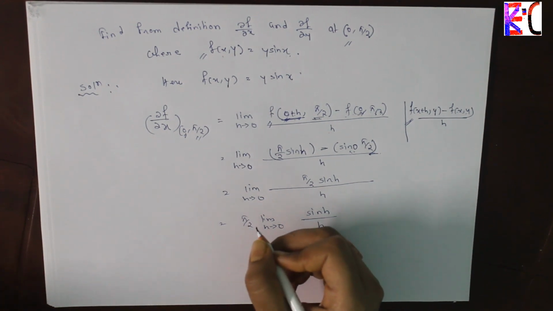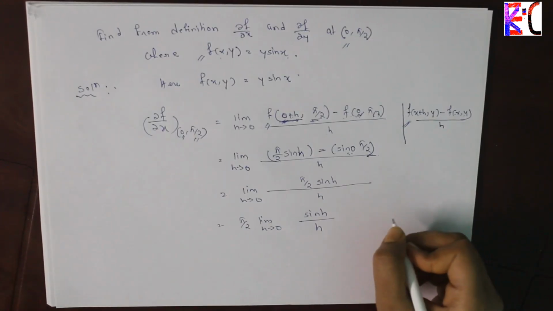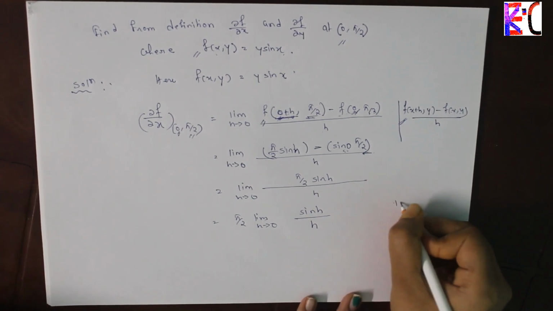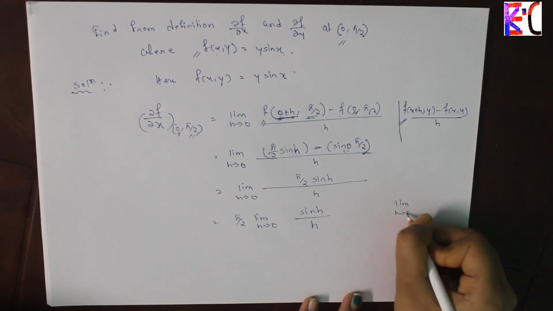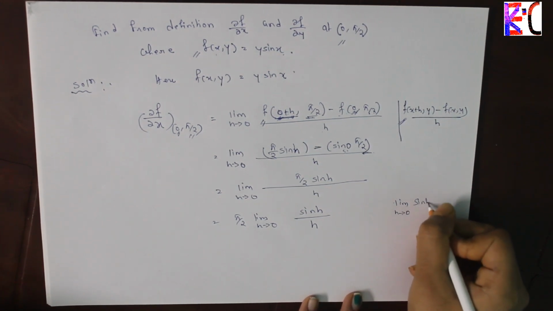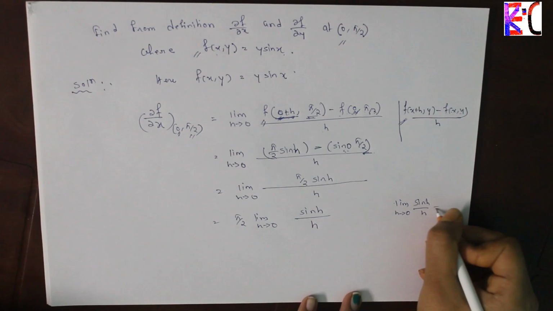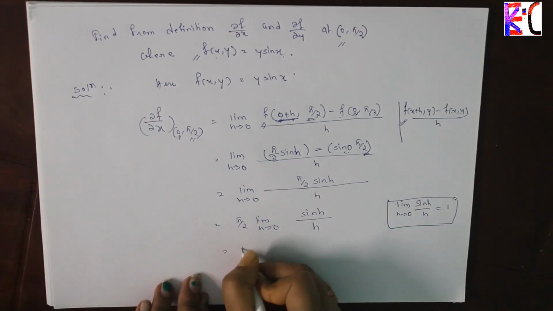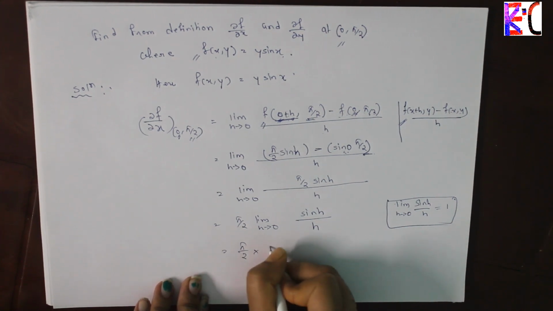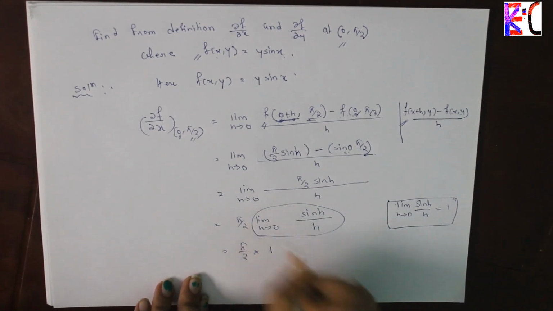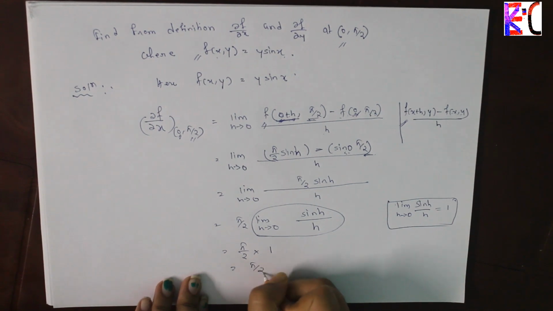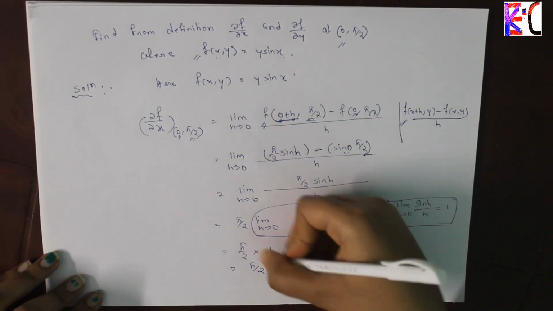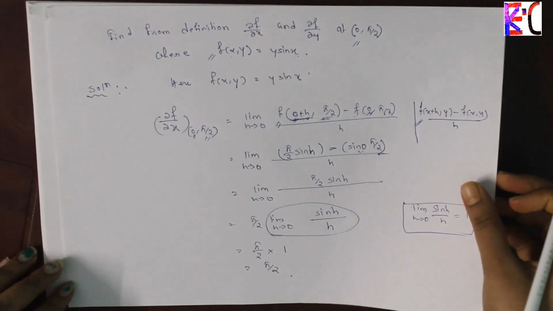As you know, the limit h tends to 0 of sin h by h will be 1. That's why pi by 2 into 1 equals pi by 2. That means del f del x will be pi by 2.